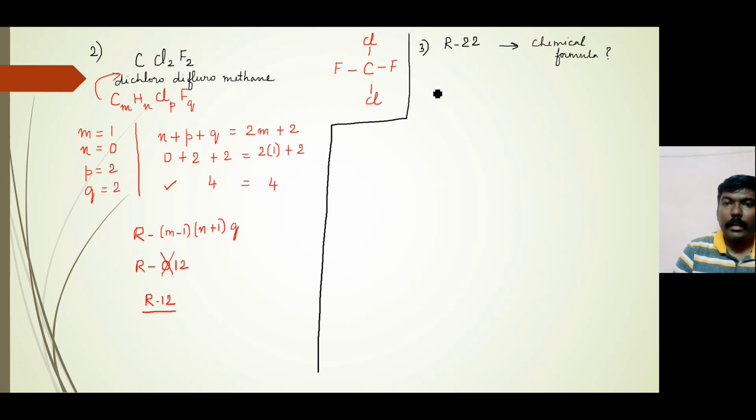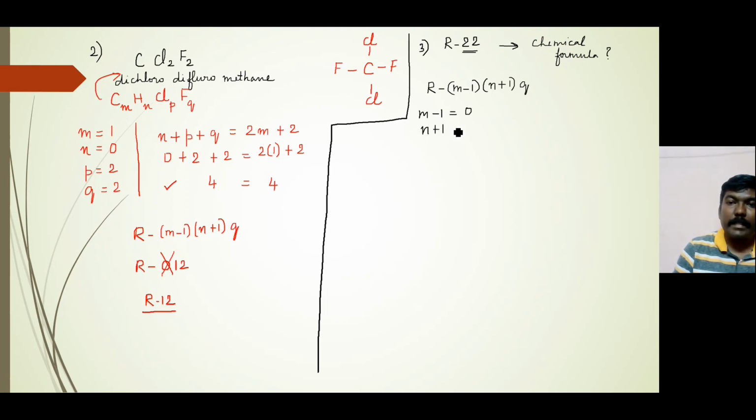Let's check that. So how do we know the designation? It is supposed to be R, M minus 1, followed by N plus 1, followed by Q, right? So it is only a two-digit number. If it is a two-digit number, obviously M minus 1 is going to be 0.